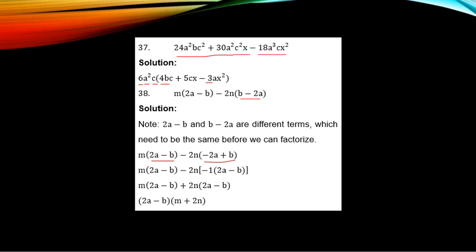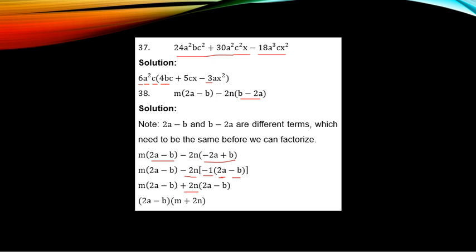If you factor out minus 1, if you divide minus 2a by minus 1, you have plus 2a. If you divide plus b by minus 1, you have minus b. If you take out this minus to multiply minus 2n, it becomes plus 2n. So 2a minus b is common.